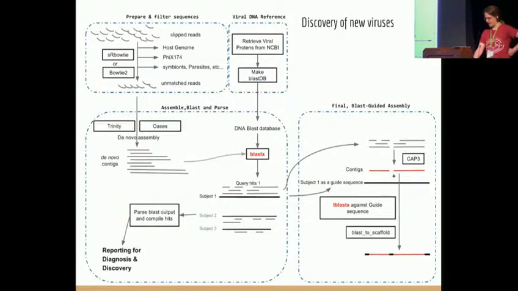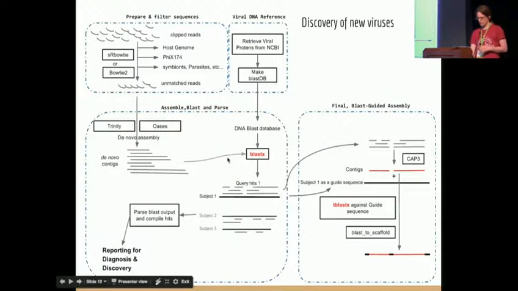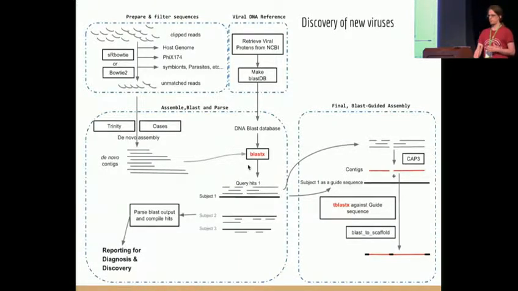And we can also find new viruses or potentially new viruses. So instead of blasting against the DNA at that step, we can also use a BLASTX step to blast against proteins. That gives you more distantly related hits.